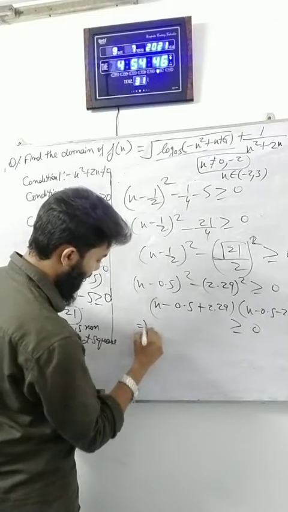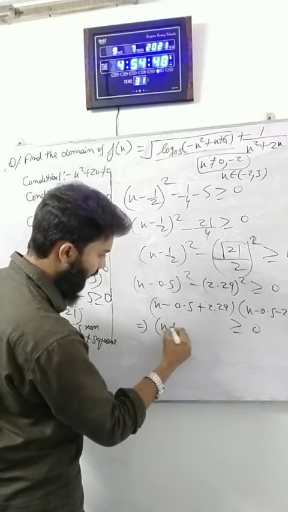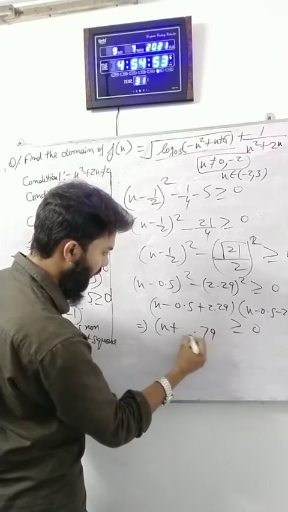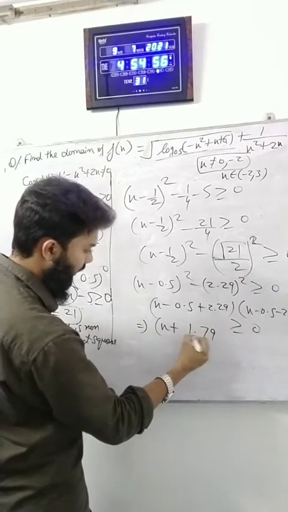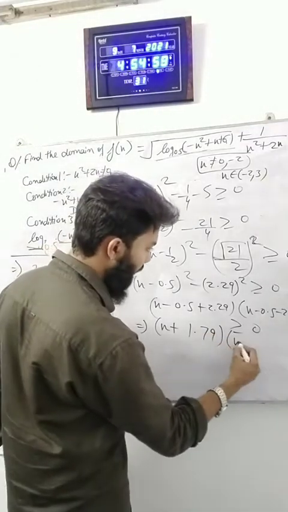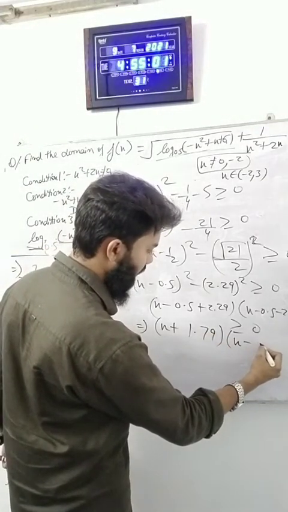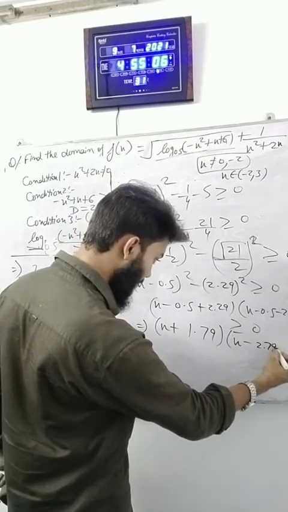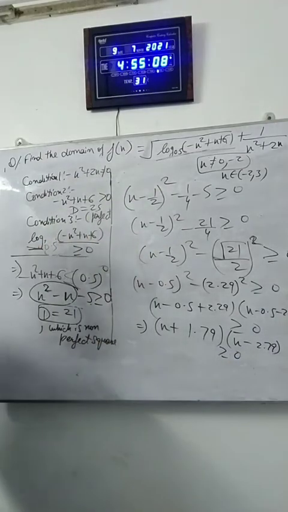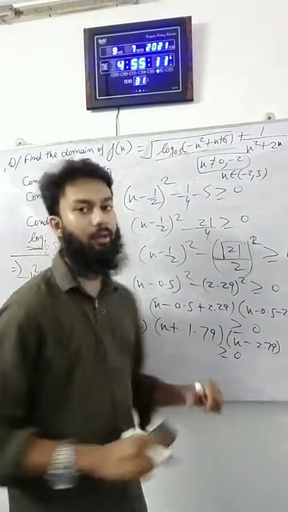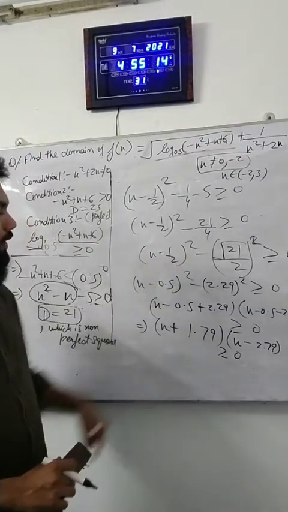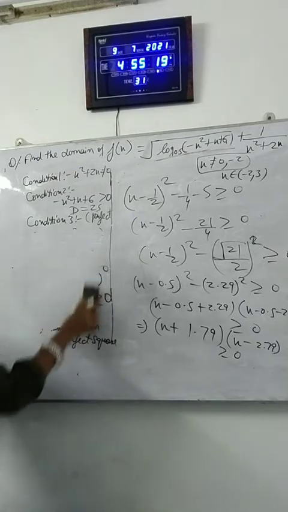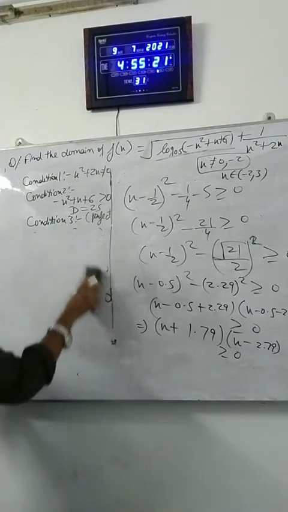This means (x plus 1.79)(x minus 2.79) is greater than or equal to 0. Now I have approximately factorized this quadratic inequation in this form. Let's calculate it further and then combine all the three conditions and get a final result.